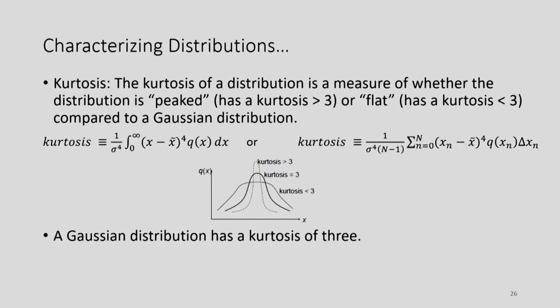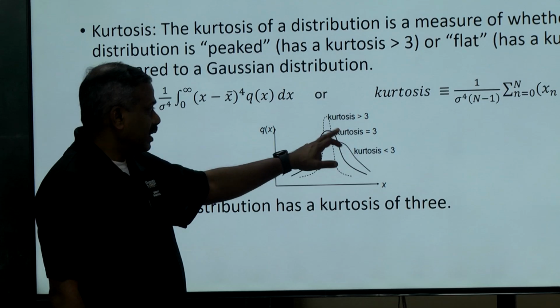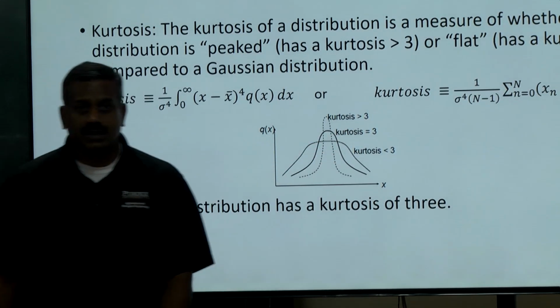Kurtosis, you might not see a lot of use of kurtosis in characterizing particle distributions. Using the individual particle sizes and the mean particle size, for a normal distribution the kurtosis value will be 3.